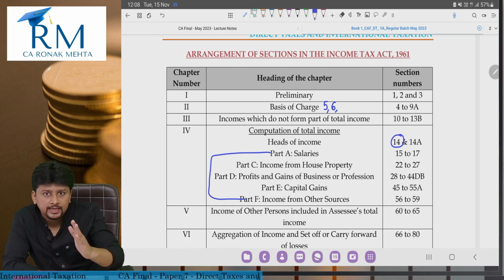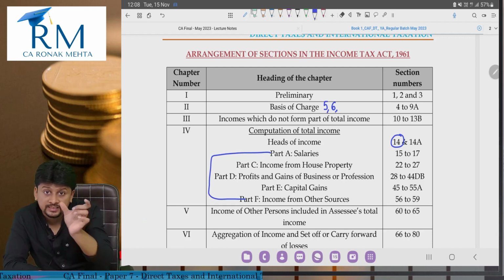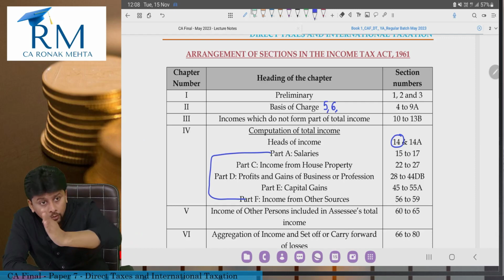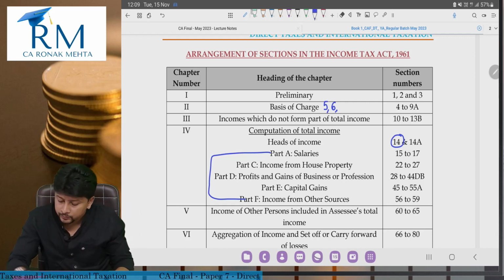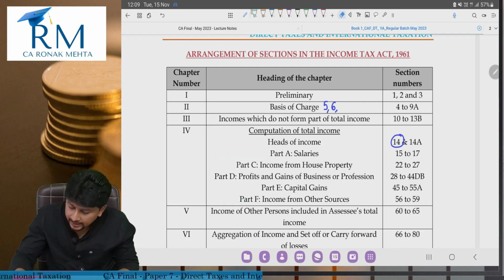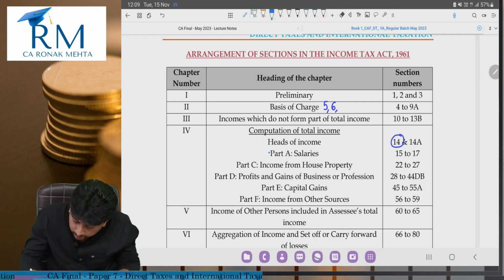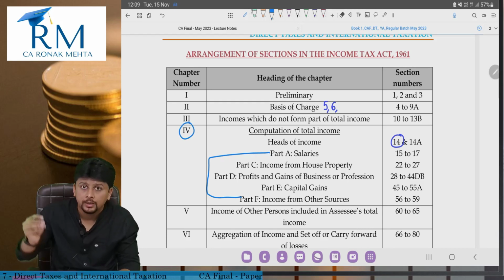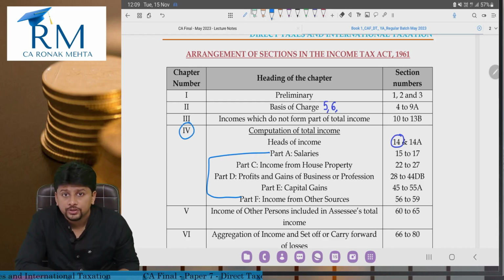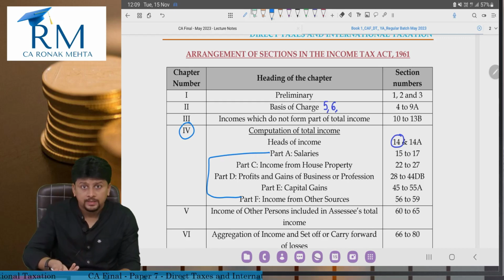They omitted that interest on securities as a separate head of income. They omitted that head of income and then they merged it with income from other sources. So part A to part F of chapter 4 gives me my heads of income. That is before chapter 6A.